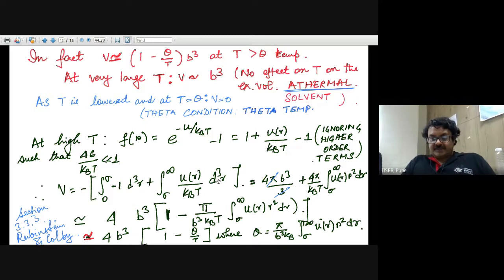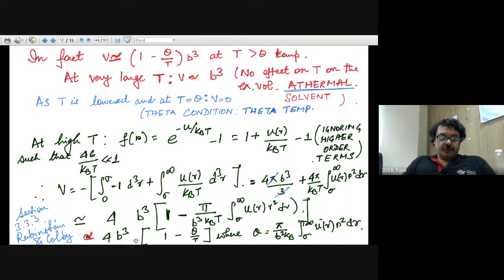The rest of the term will be 4 pi, doing an angular integral, by kbT, u of r r squared dr. If you take 4b cube out, then you have 1 minus pi by b cube kbT, because you're taking b cube out, and you get such a term.